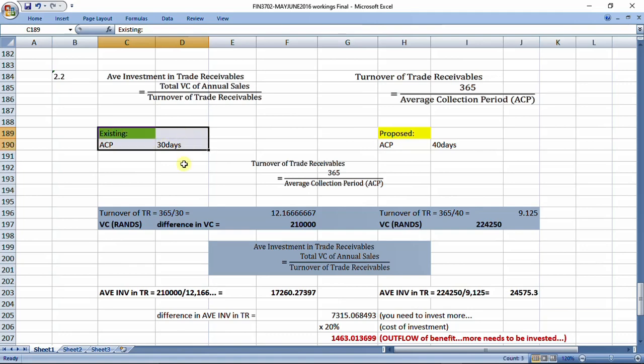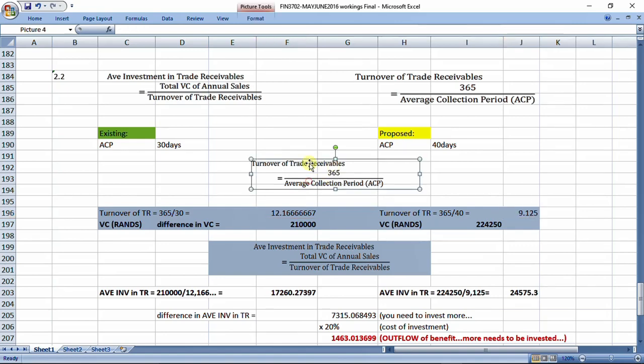So in the next working, I'm going to use those blue figures. Those blue figures are going to be used to calculate the additional investment. And then I'm going to work it out by multiplying it by the cost of the investment, the 20%. There's the formula that I just spoke about. There's the other formula.